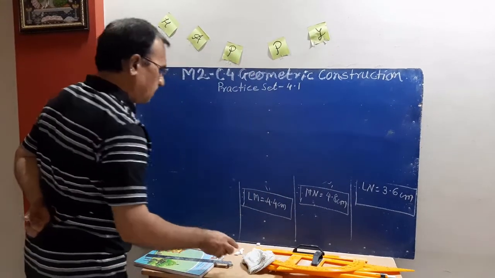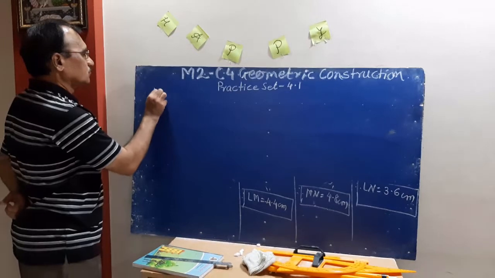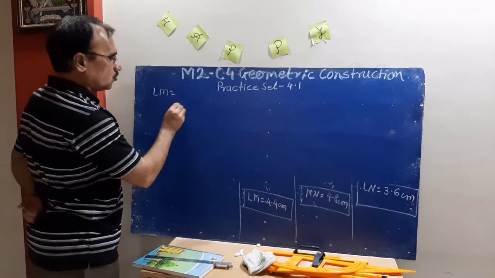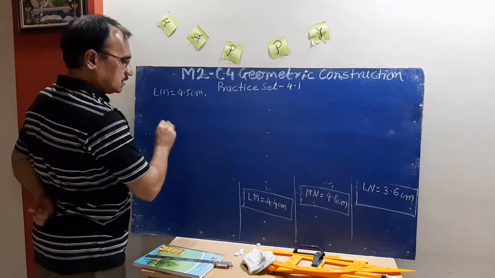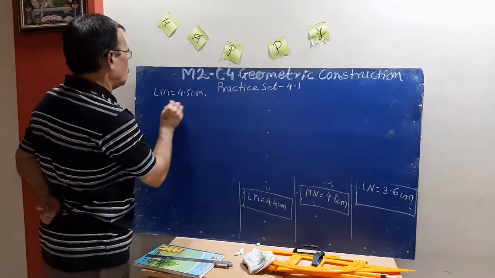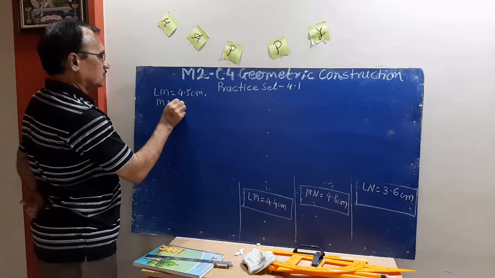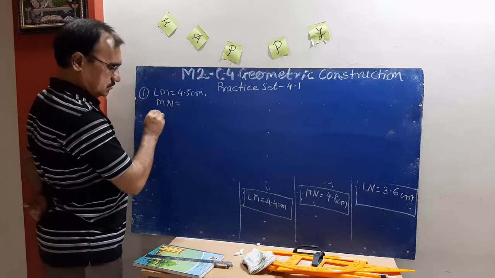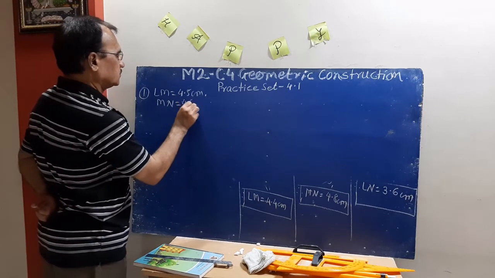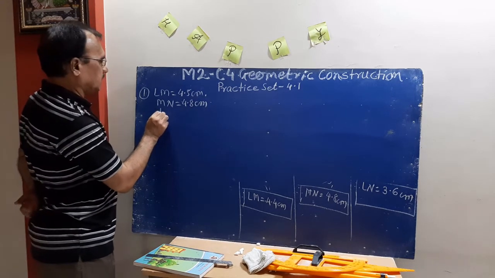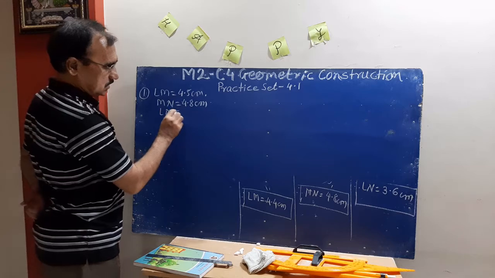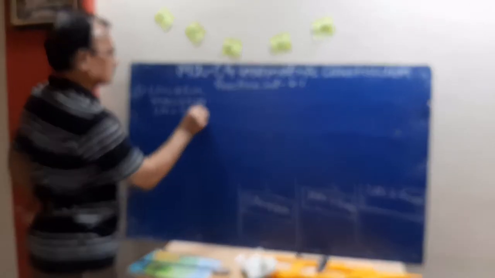LM is equal to 4.4, MN is equal to 4.8 and LN is equal to 3.6.